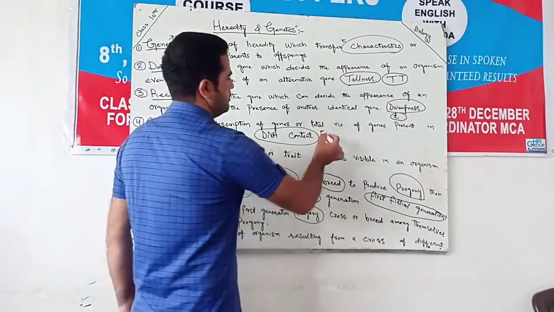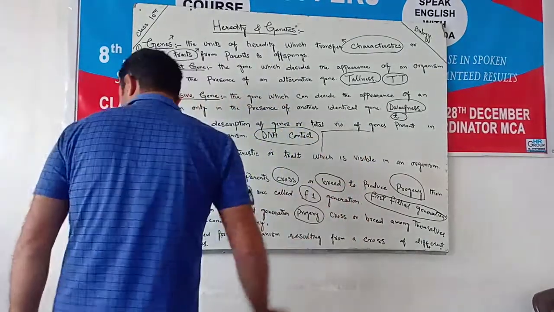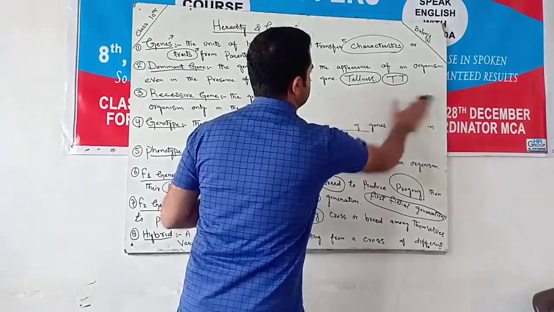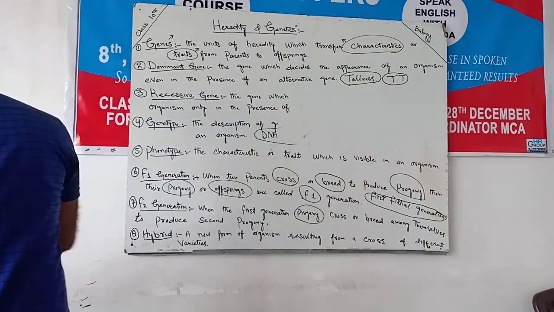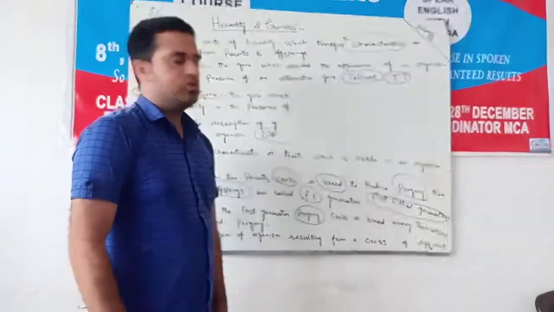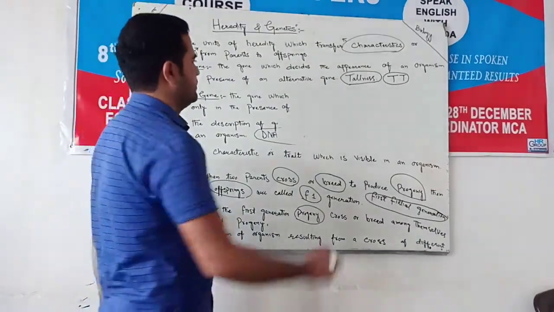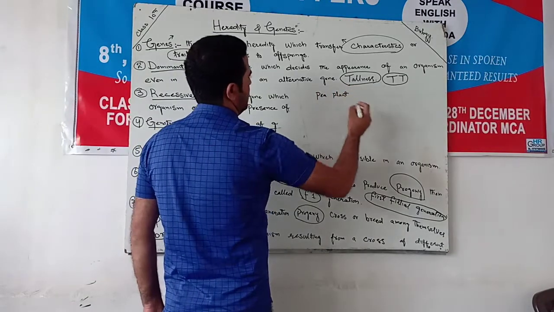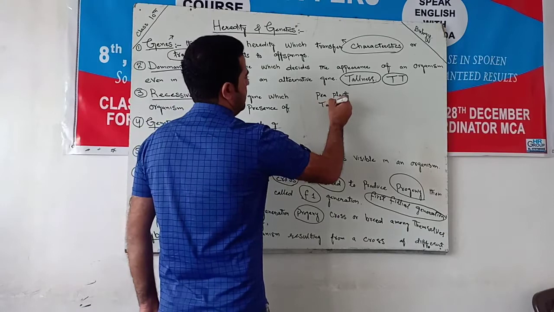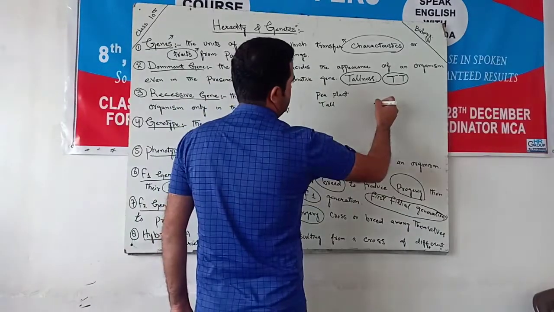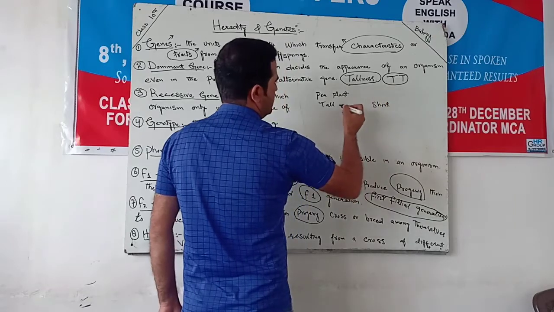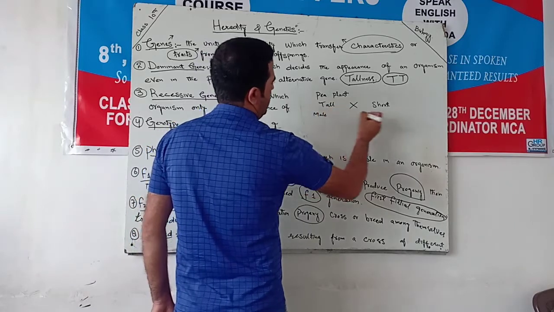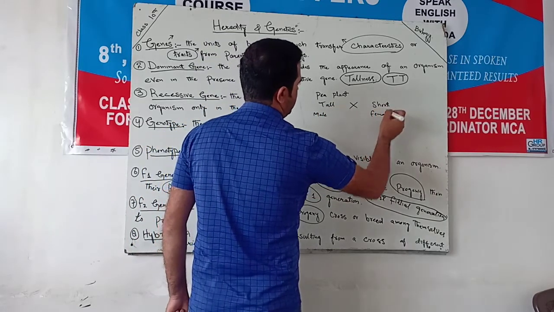Suppose, I will write here, a pea plant. One pea plant is tall and one pea plant is short or dwarf. Suppose this is male and this is female.